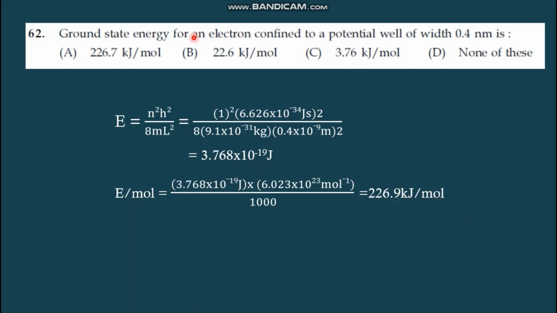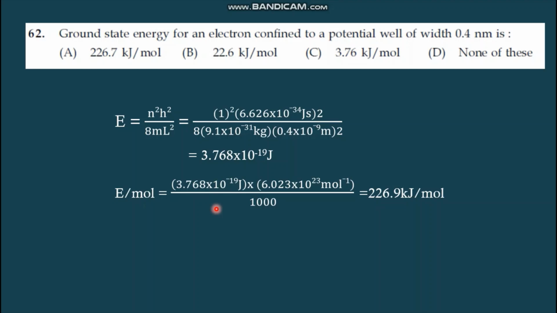So you have these two figures. If you are getting this value, maybe you will omit the power, and you will write the answer as C, but it's wrong. This is energy in joule, but they asked for the energy in kilojoule per mole.